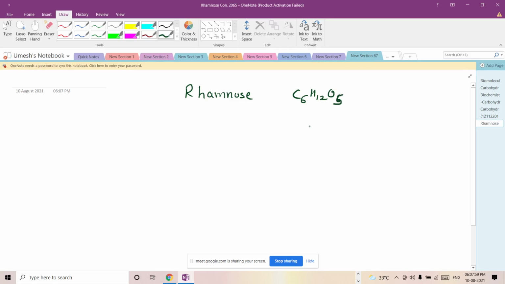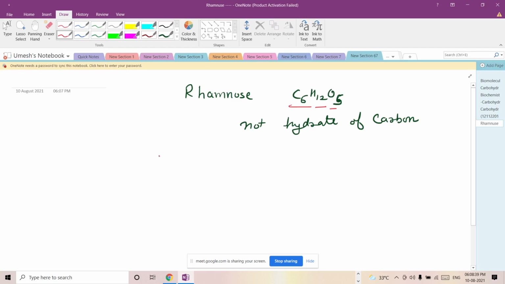This is a carbohydrate, but not a hydrate of carbon. We cannot represent this as a hydrate of carbon. Understood? Practically it's a carbohydrate, but theoretically we cannot represent the molecule as a hydrate of carbon.